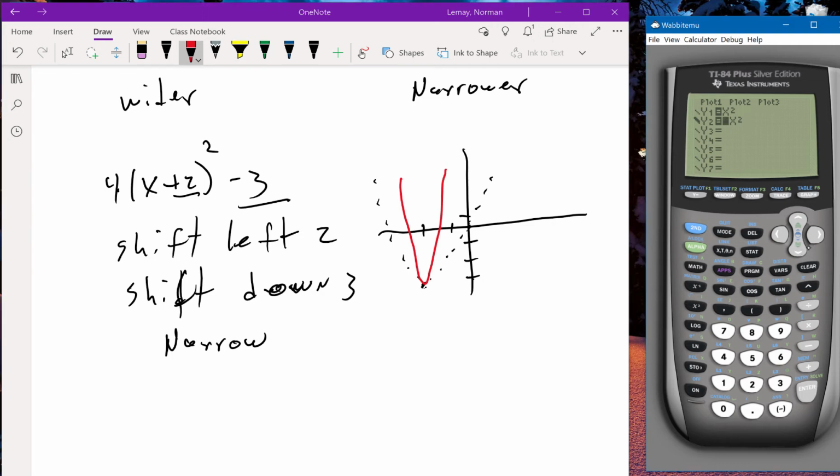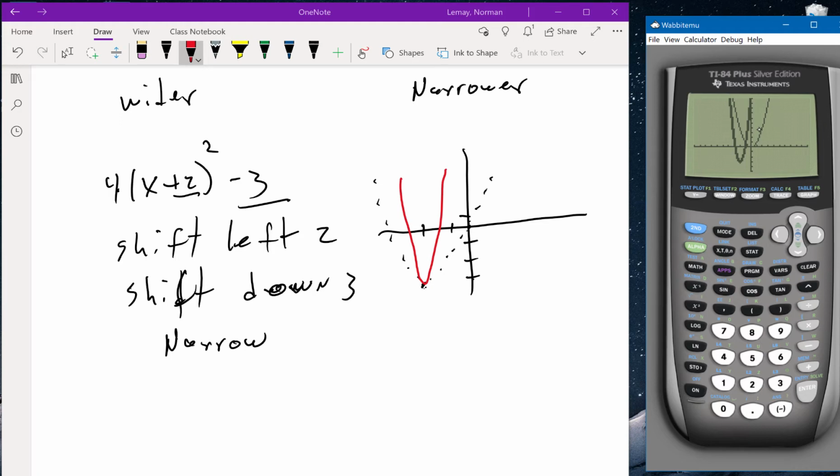Okay, so let's see, 4(x plus 2) squared minus 3. Okay, graph. Okay, so we can see the graph is definitely narrower than the x squared.